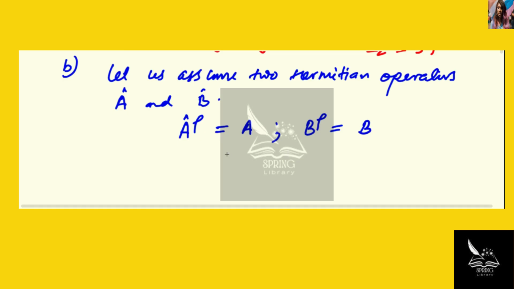Now we have to show the commutator relation of these two Hermitian operators.